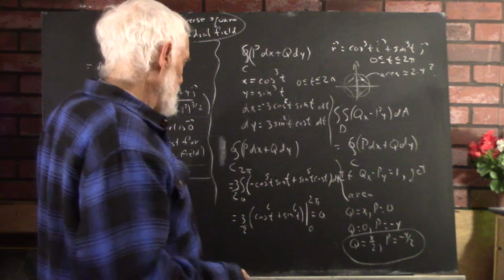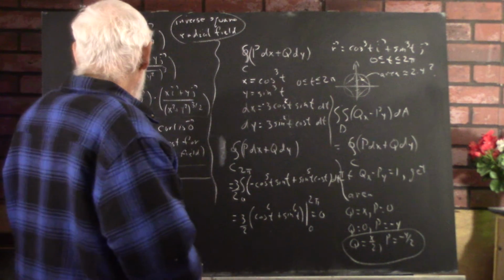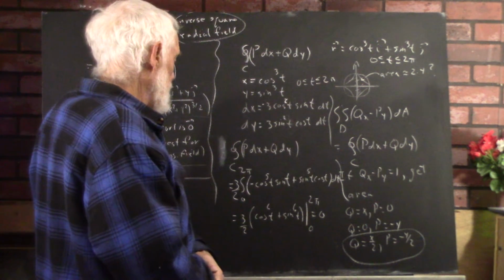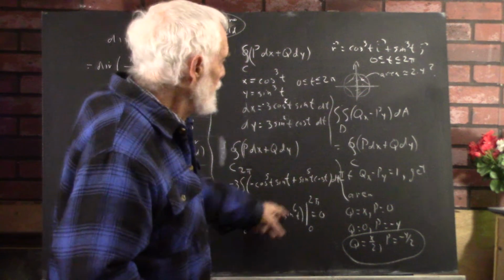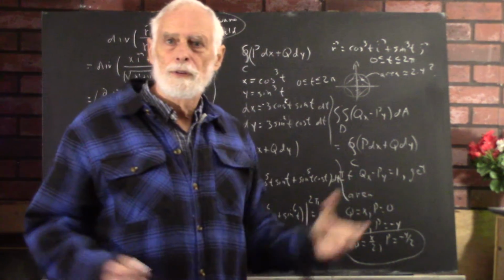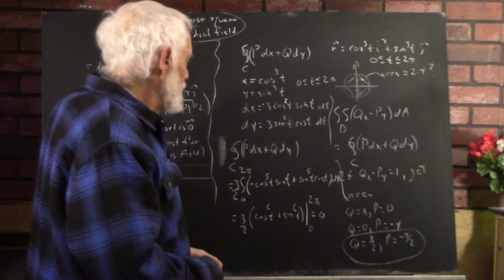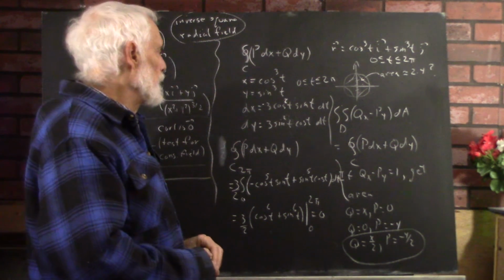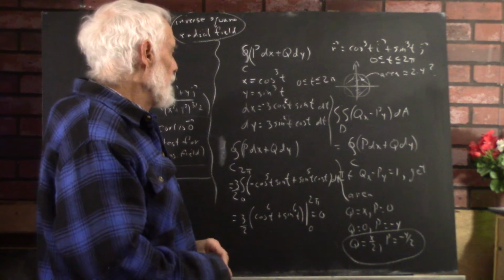Well, that could mystify us a little bit, because clearly the area of this thing isn't 0. So the question is, we obviously did something wrong, and what is it that we did wrong?